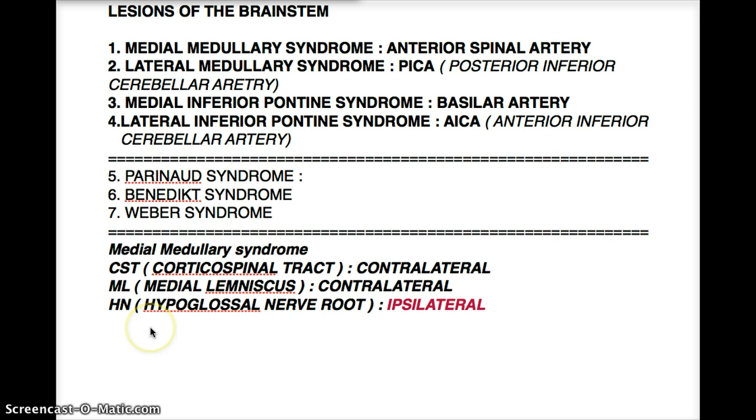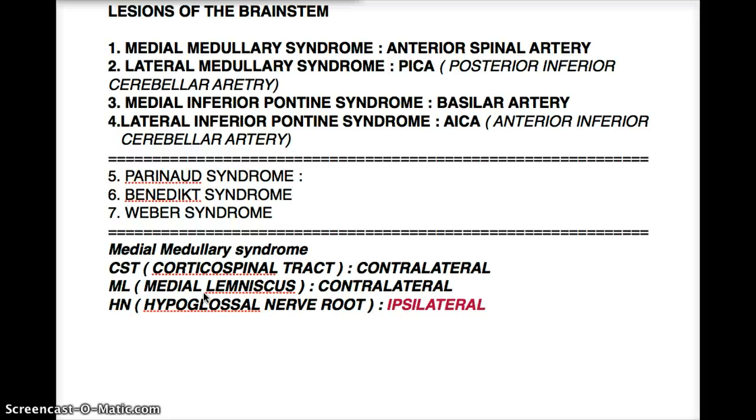Next thing is the dorsal column or the medial lemniscus. So this is a tract which is coming from the skin or from the body onto the brain. Okay, it's moving up. The first order neurons make a synapse at the nucleus gracilis and cuneatus, and then it moves along to the other side.